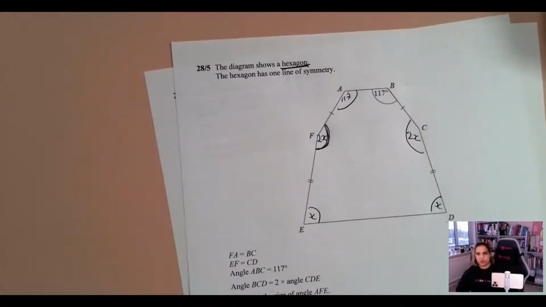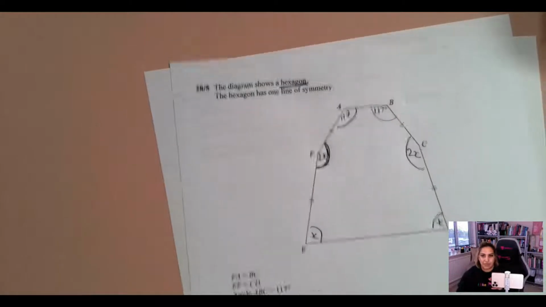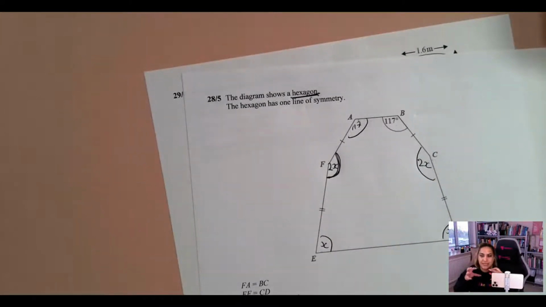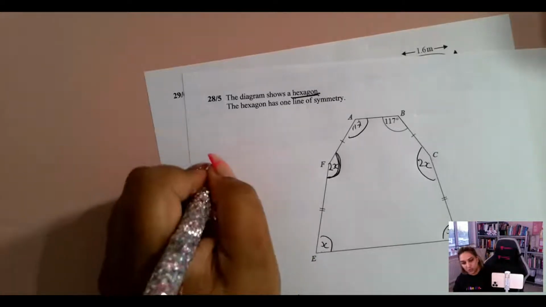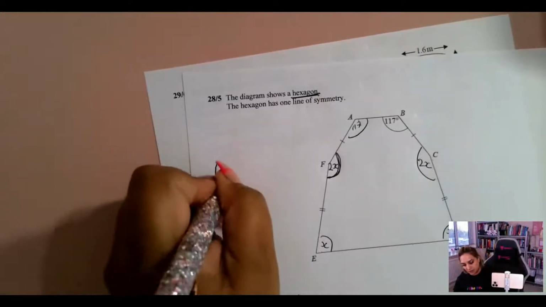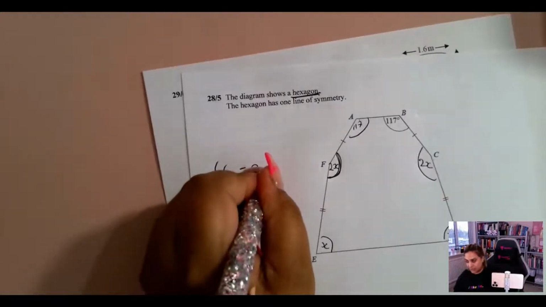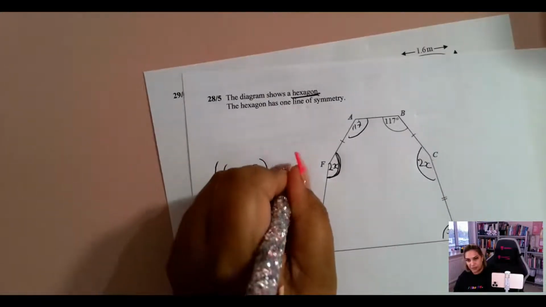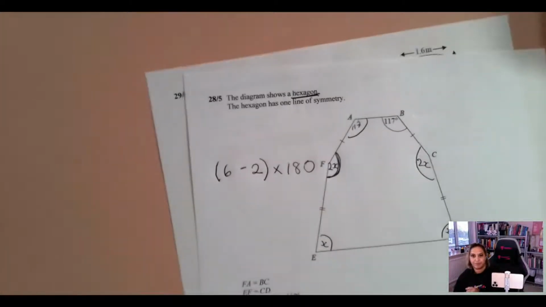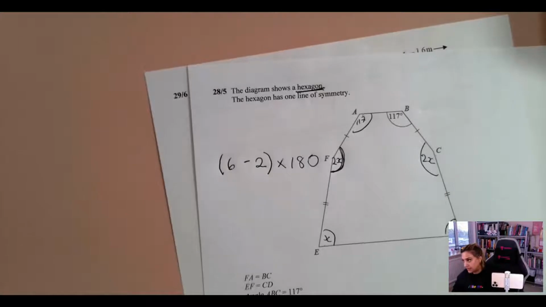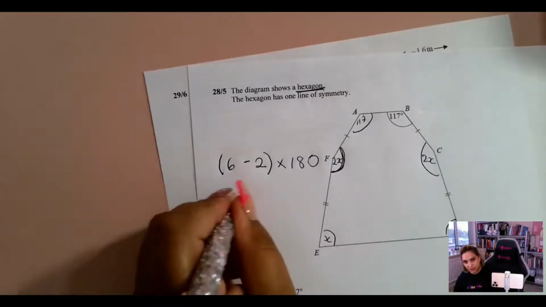Now, if I know how many sides a shape has, there's a formula you can use to find out what the sum of the angles is. You take the number of sides, which is 6, you minus 2. You always minus 2, and you times by 180. So we get 4 times 180, which gives us 720.